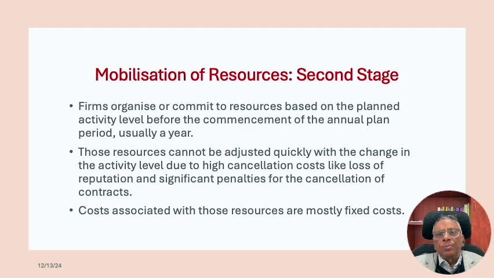But once we have committed or we have acquired the resource, then irrespective of the production actually achieved based on the demand or some other circumstances, the cost of maintaining them is fixed. Cost of administering them is fixed. Mostly we can say that all administrative costs are fixed and all service costs are fixed in nature. They don't vary with the change in the activity level. Therefore, they are fixed.